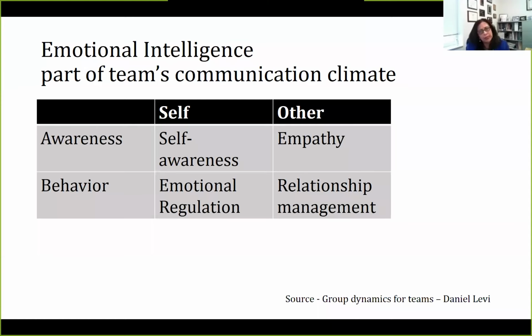Now, there are a lot of things coming out, again, in those soft skills, such as emotional intelligence or emotional quotient. I think we had talked about EQ, the book which I had shared at my last presentation.